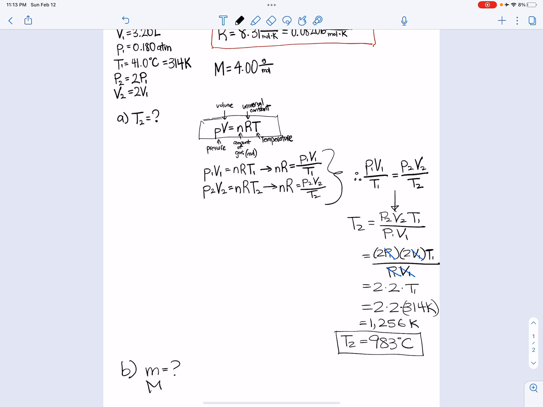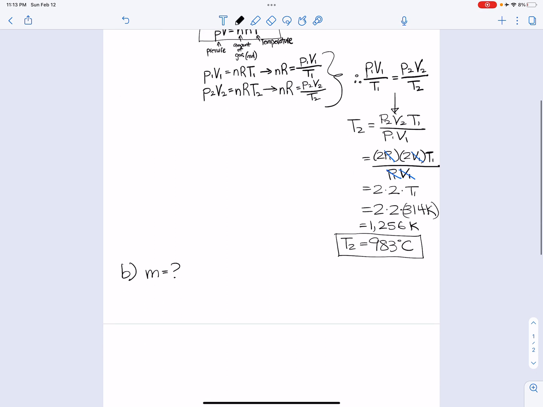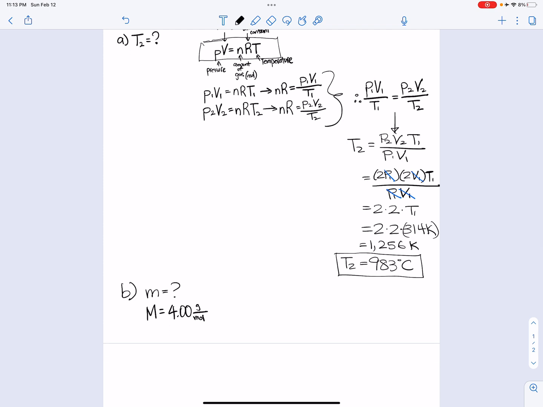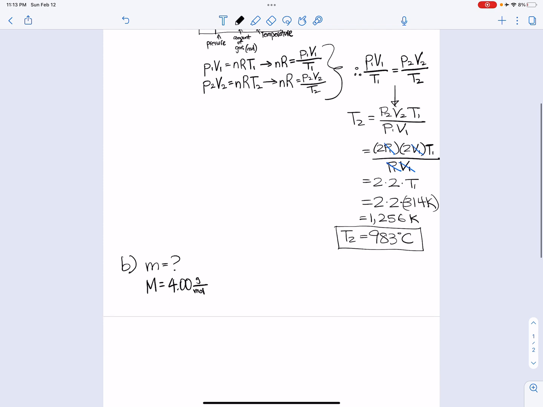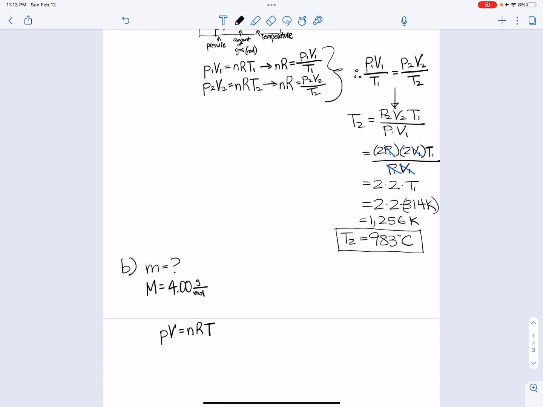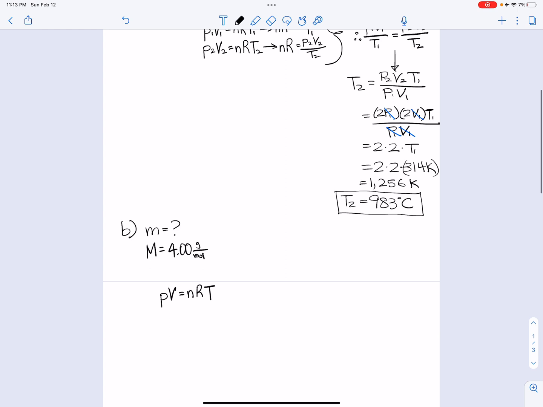All right, again, I'm going to use the ideal gas law equation, which is PV equals nRT. I am looking for mass in grams, and I know that I'm given the molar mass in grams per mole.